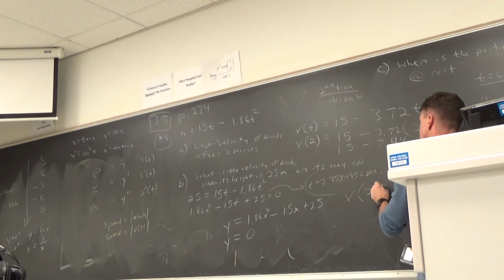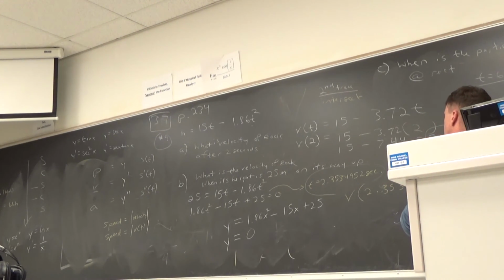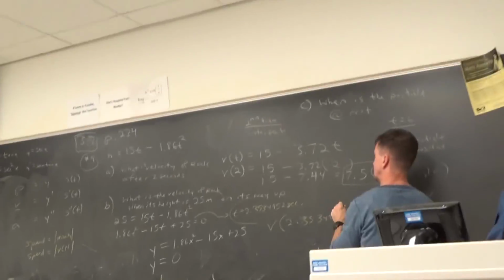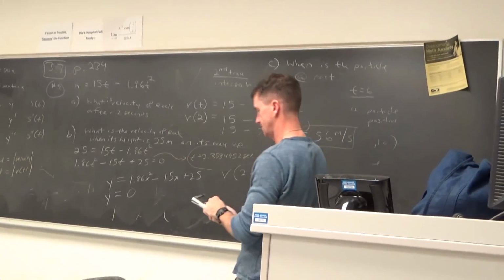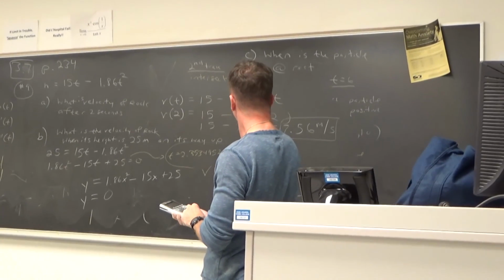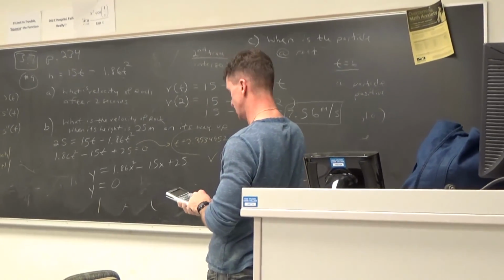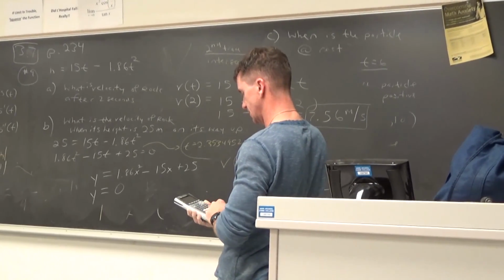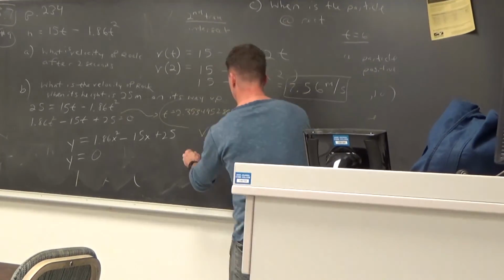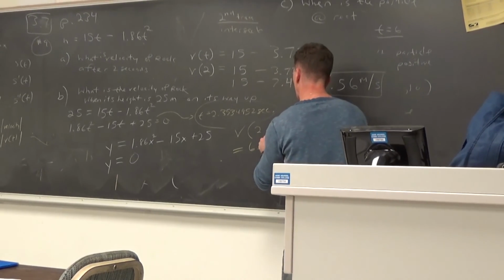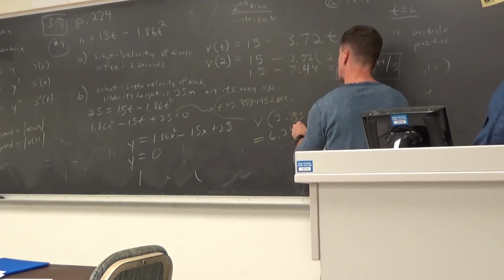I plug this into the velocity, and I get, let me see what I get. 15 minus 3.72 times x. And I'm getting about 6.24 meters per second.